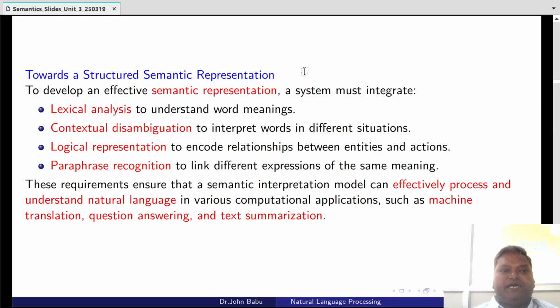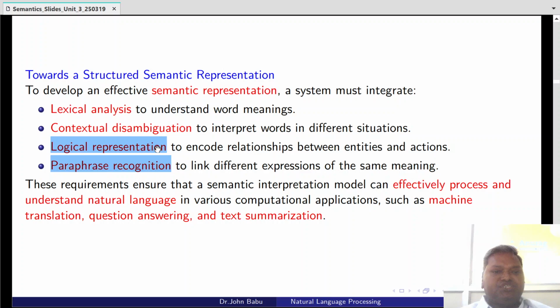So if you want to develop a semantic representation which will do all these things, what do we need? The first one, lexical analysis or morphological analysis. Then we need to disambiguate. We should resolve the ambiguity, confusion based on the context. Then we should represent the given input in a logical representation, and it should recognize the paraphrase. First, to explain the ambiguity, we need lexical analysis.